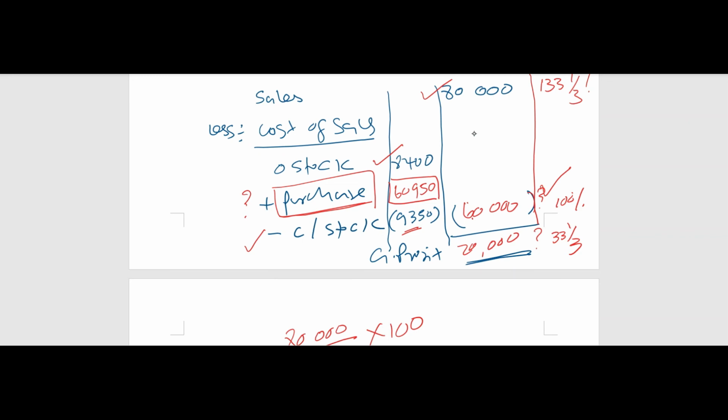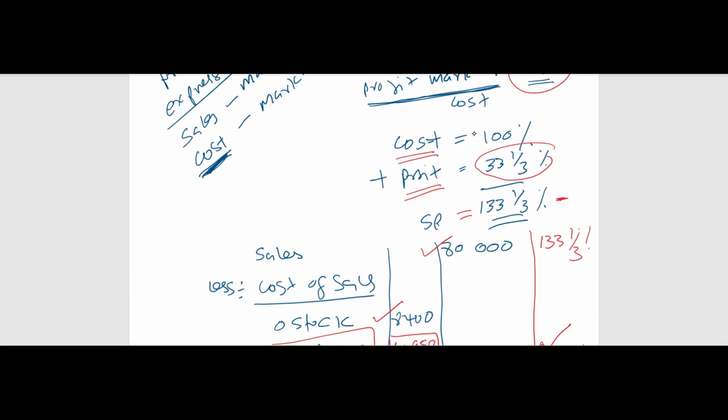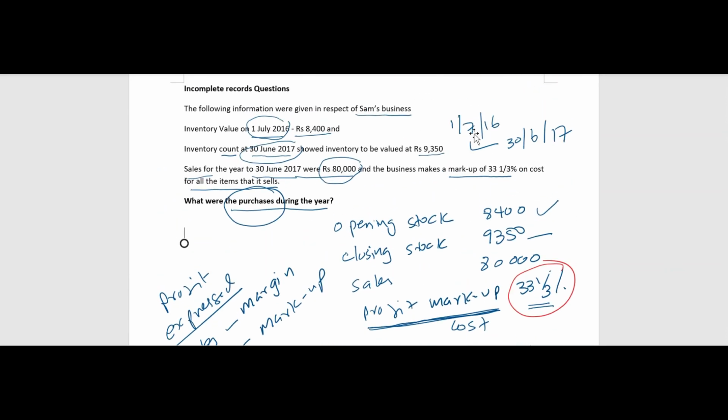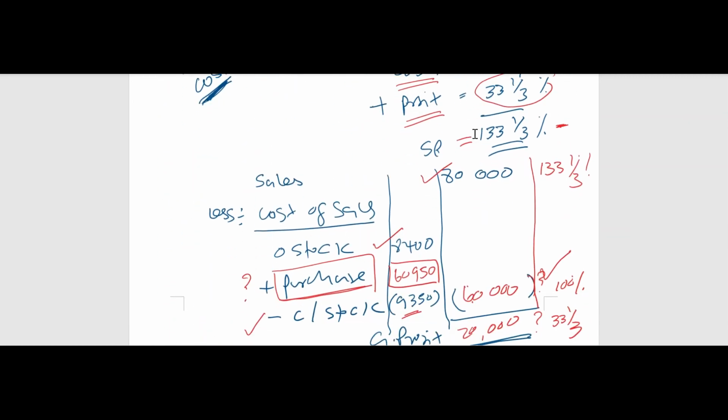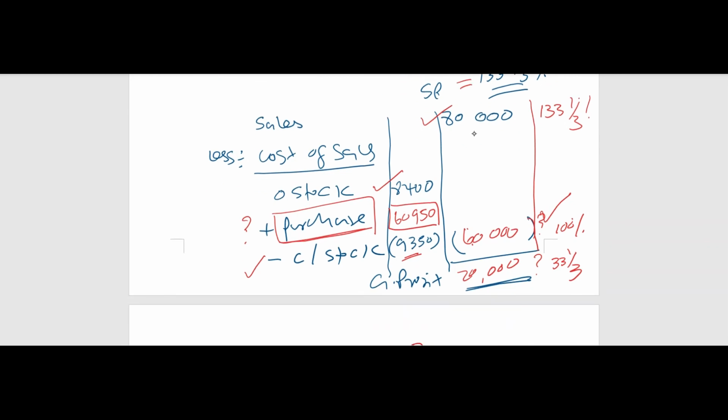So this is the answer for this question. We calculated the purchases because purchases, cost of sales and gross profit were not given, but the information was given as percentages. Based on that we calculated the purchases.